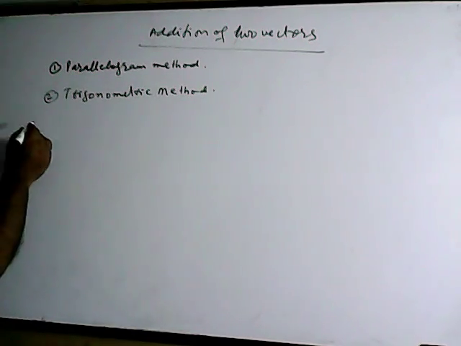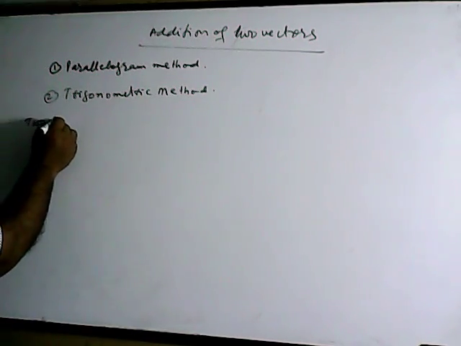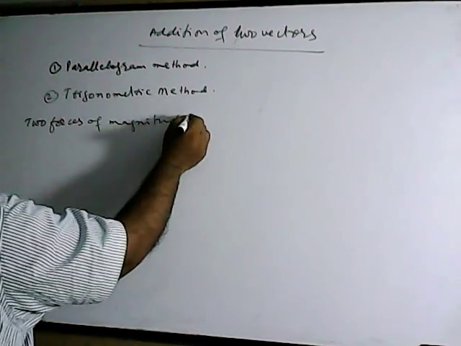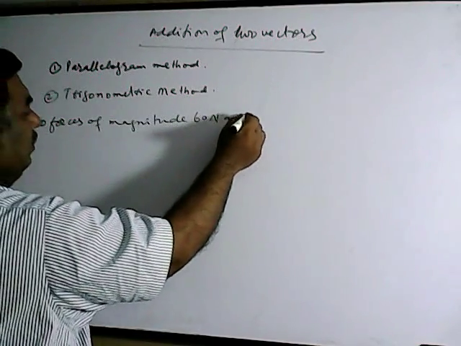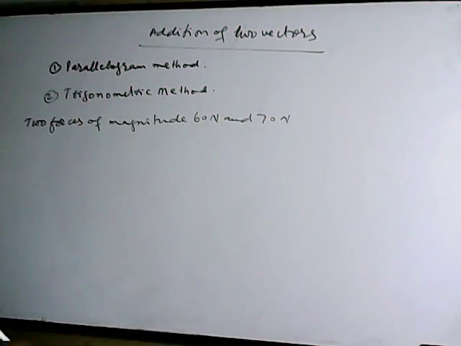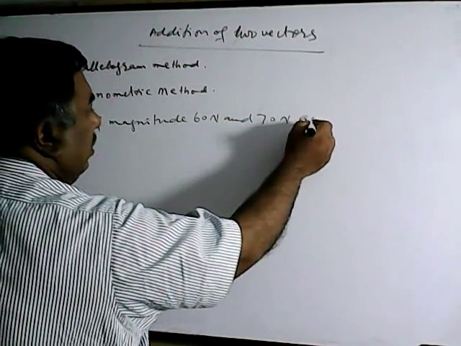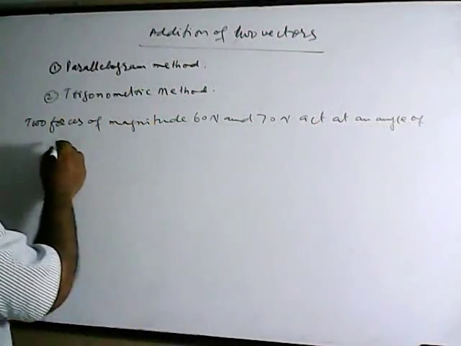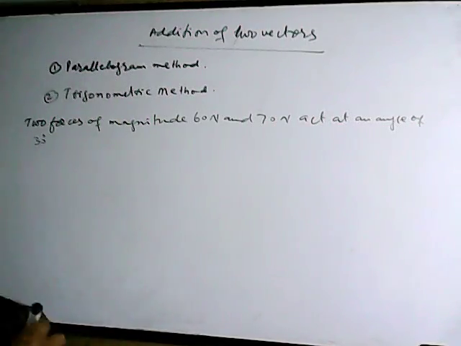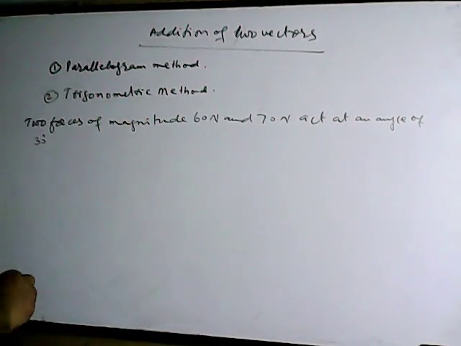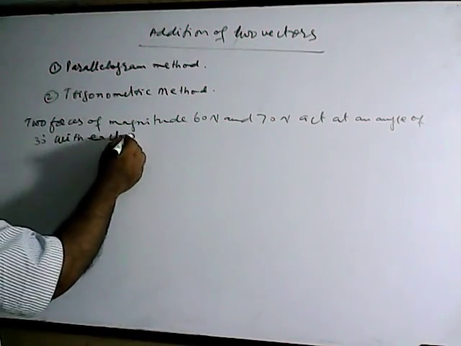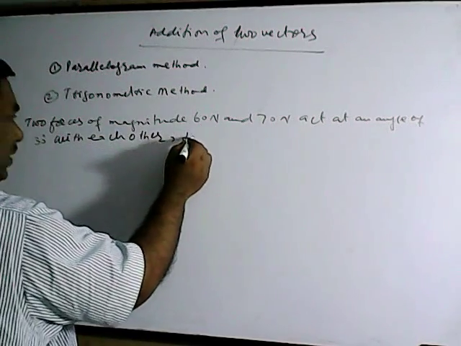Now suppose it says two forces of magnitude 60 Newton and 70 Newton at an angle of 30 degree with each other. Find the resultant.